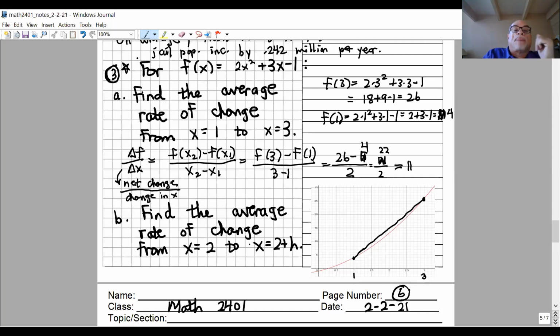Okay, let's just review this. We did this average rate of change computation last time, so you've probably forgotten about this calculation because this is the last thing that we did in the notes. But just as a reminder of how average rate of change works, we were given this function 2x squared plus 3x minus 1. I didn't have any context to how this function was being used in practice.